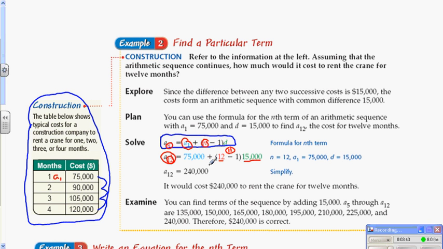Add that to 75,000, and you get your 12th term, or your cost for 12 months. As stated here, you could start with 75,000, add it like they are, and keep on going until you get to the 12th month. That may be manageable, but if I said 36 months, it would take quite a long time. So this is a much preferred method.